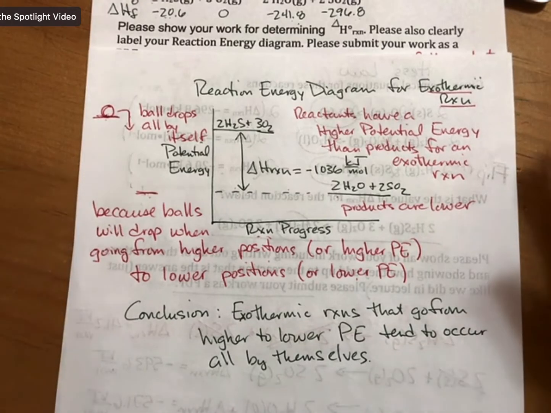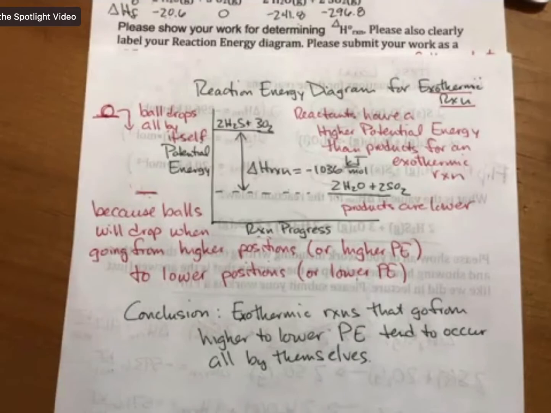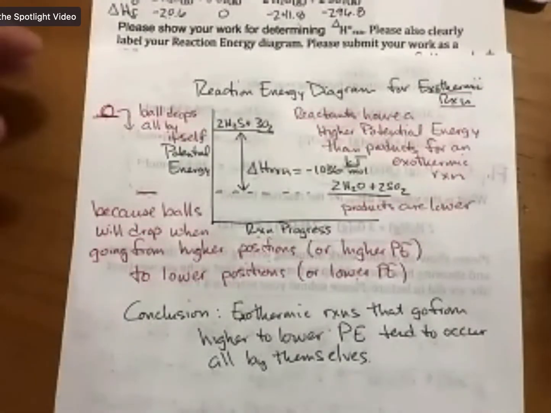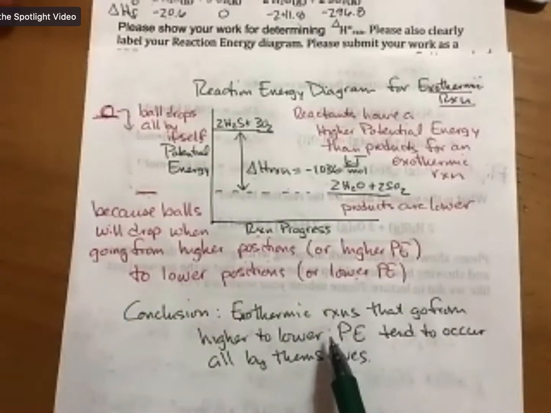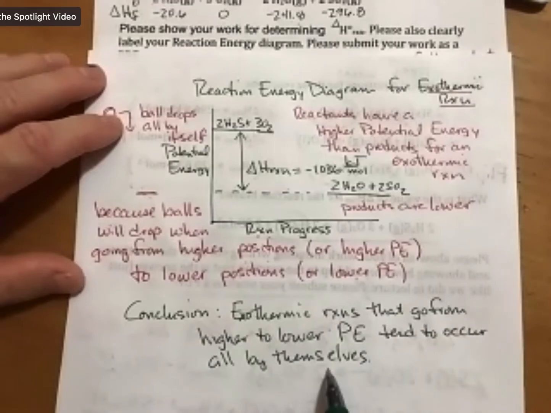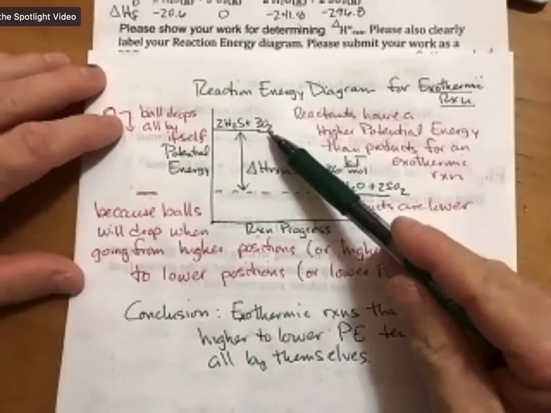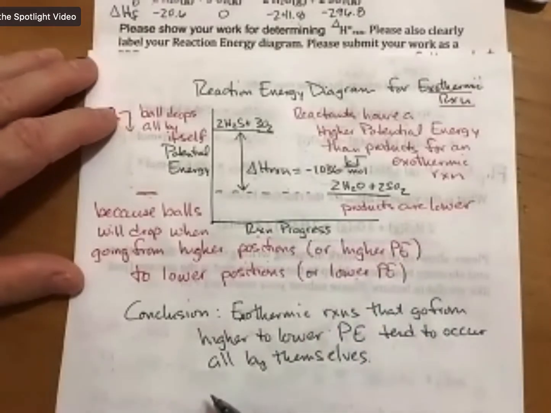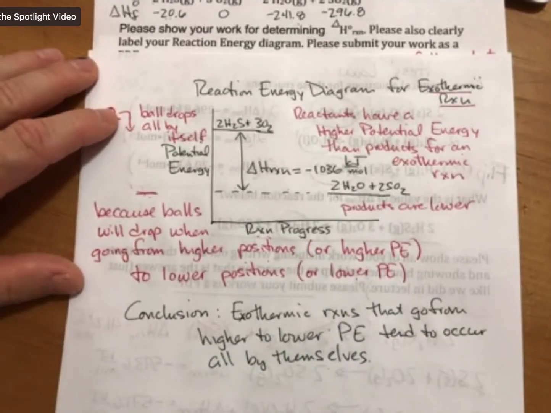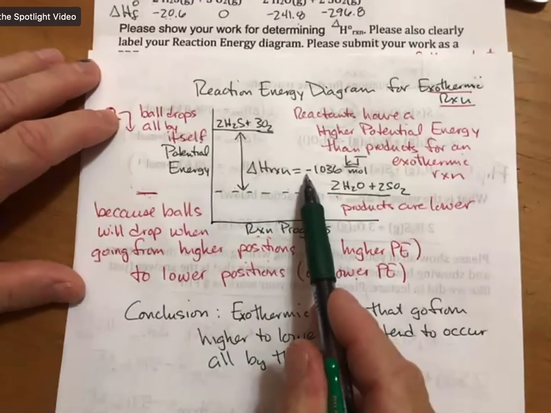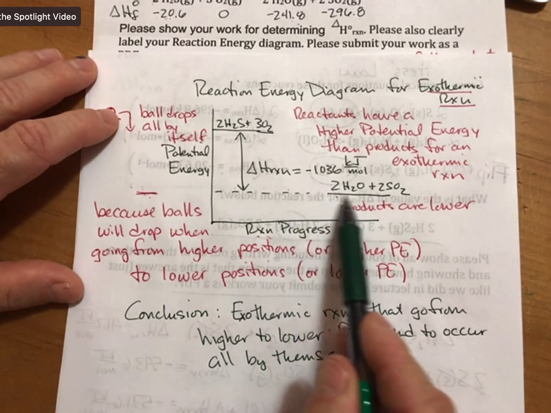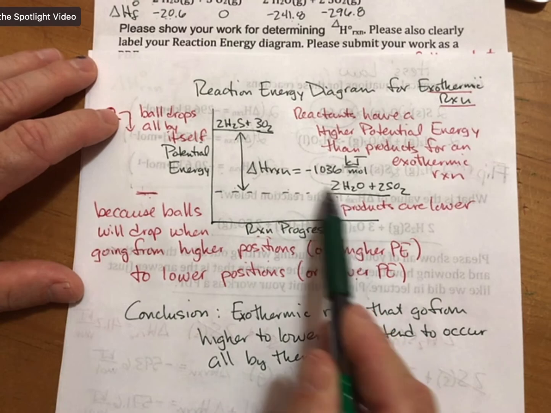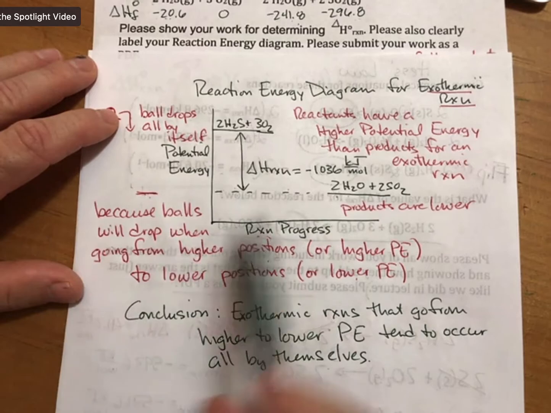One of the things we want to understand is, why do reactions happen? In general, exothermic reactions tend to occur all by themselves because they're lowering the potential energy as they occur. A lowering of the potential energy occurs for exothermic reactions because this number is negative, meaning that the products must have a lower number, subtract off the reactants, and you get a negative.